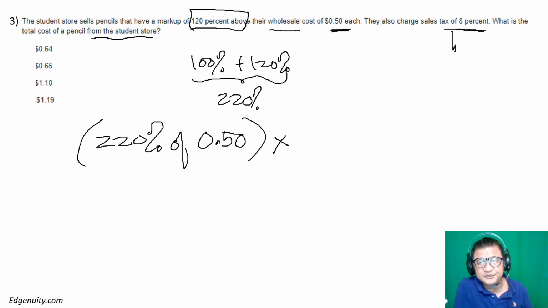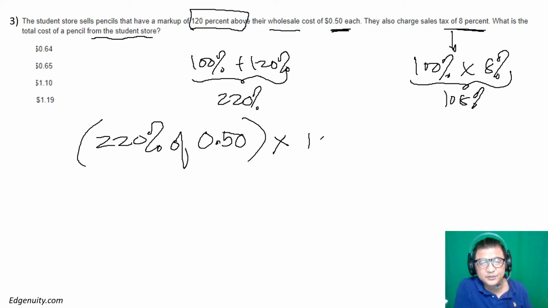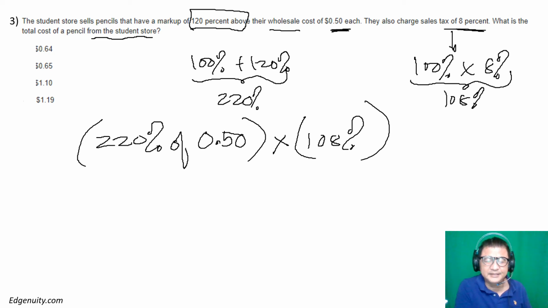So that 8% is represented by 100% plus 8%. That becomes 108%. See, percents are combined now. So I'm not going to use the percent.